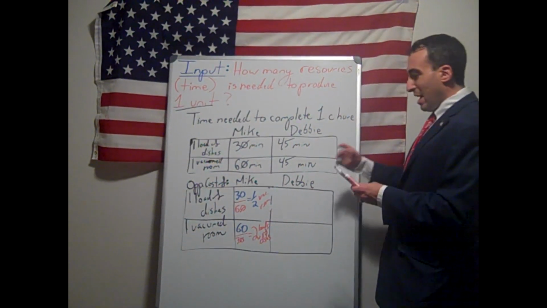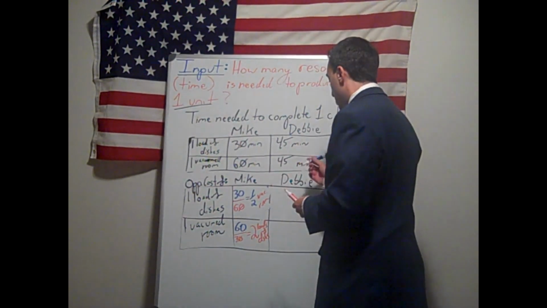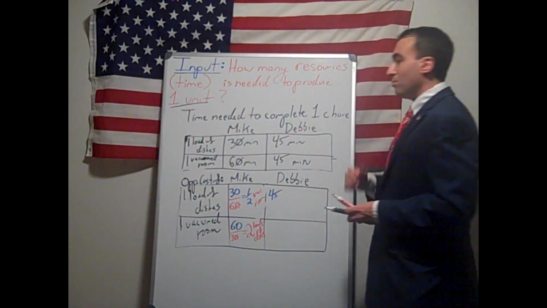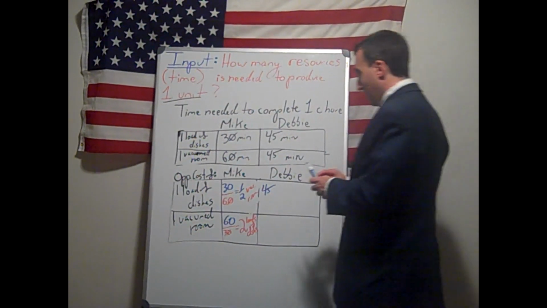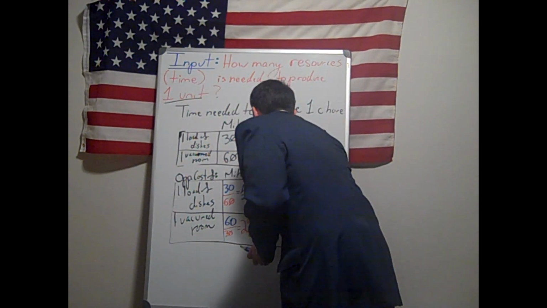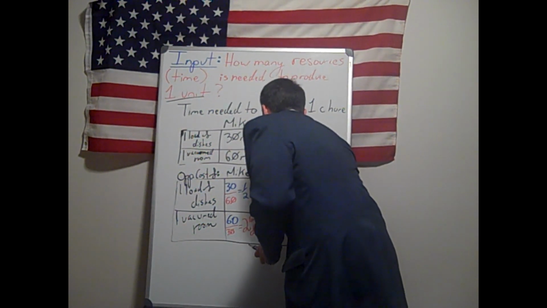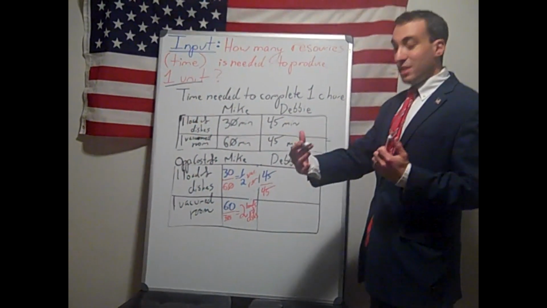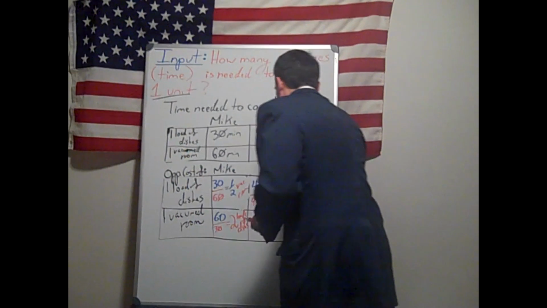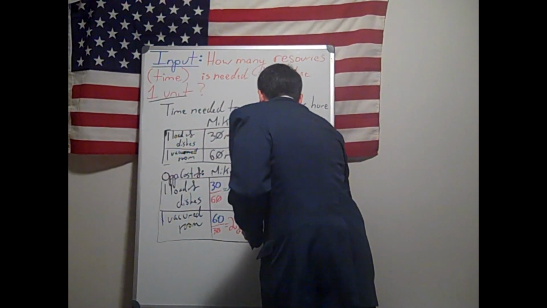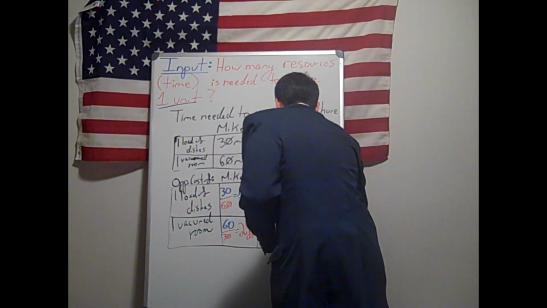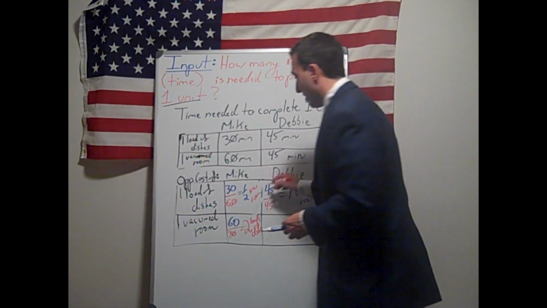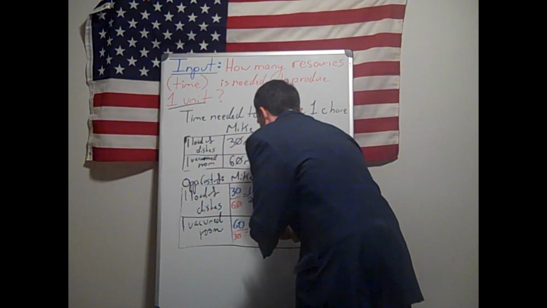Now Debbie, a little simpler. She has 45 and 45, so she is choosing to wash a load of dishes. She is not, in that same time, vacuuming the room, so her opportunity cost of one load of dishes is exactly one vacuumed room. And the reverse, Debbie is choosing to vacuum the room.